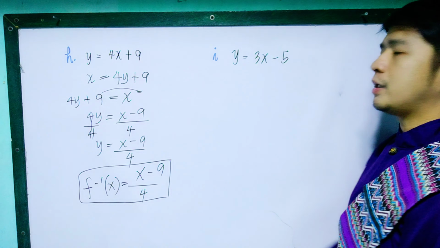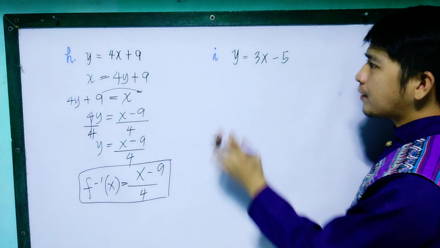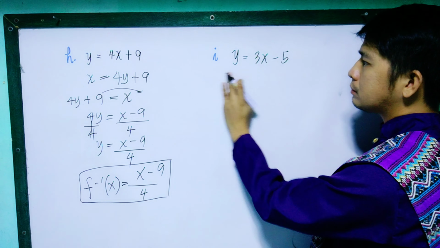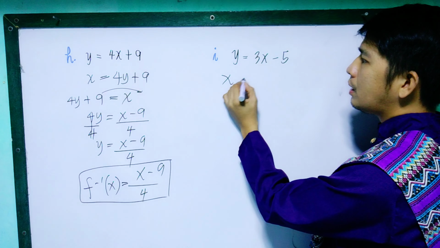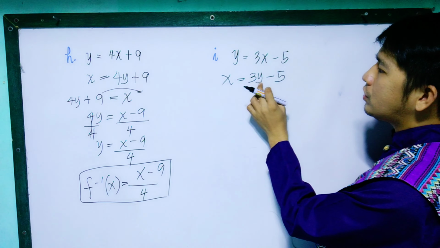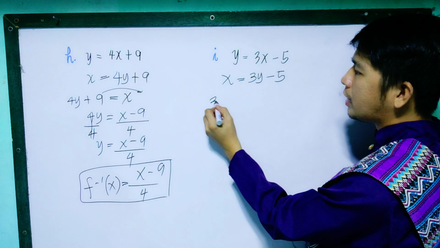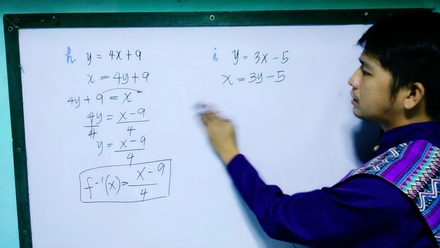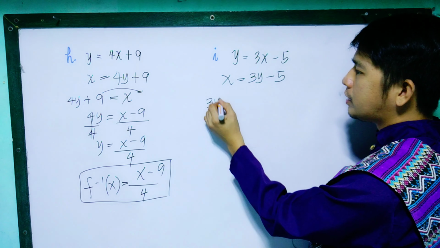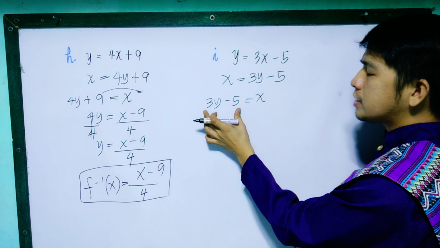Let us have the letter I. Y equals to 3x minus 5. Same process, interchange. That will become x equals 3y minus 5. So, solve for y. So, pagpalitin muna natin. That will be 3y minus 5 equals x. Then, solve for y.